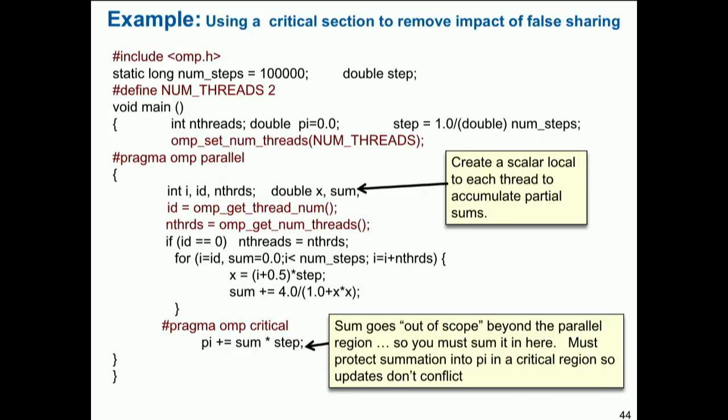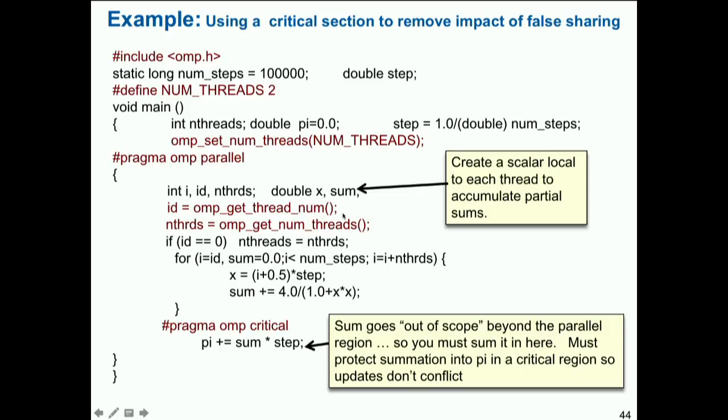Okay, let's rewrite the pi using critical. So what did we do now? Notice that instead of having a sum that's shared, I created a sum per thread, because I defined the sum variable inside my parallel region, which makes it local to the thread and invisible to all the other threads.